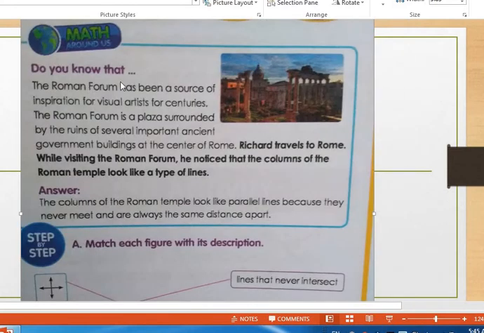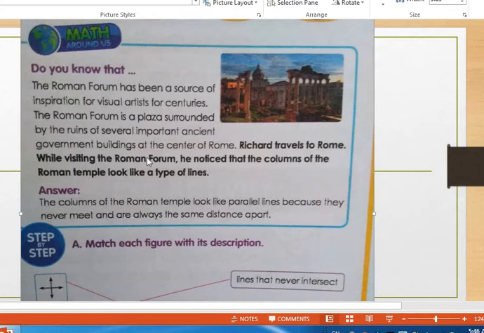Do you know that the Roman Forum has been a source of inspiration for visual artists for centuries? The Roman Forum is a plaza surrounded by the ruins of several important ancient government buildings at the center of Rome. Richard travels to Rome.